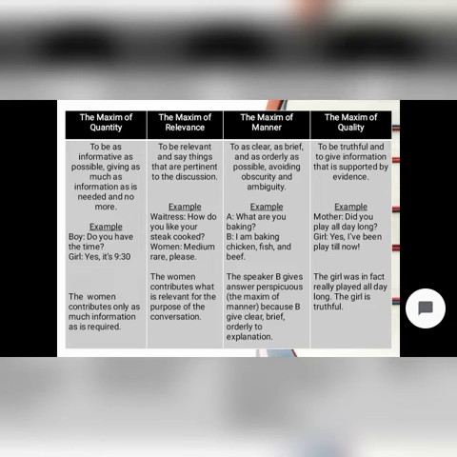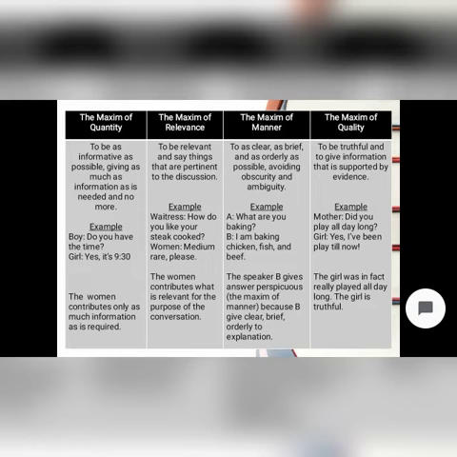So, next for the example, A: what are you baking? B answered, I'm baking chicken, fish, and beef. So here we can see speaker B gives a perspicuous answer, or follows the maxim of manner, because B gives a clear, brief, orderly explanation.